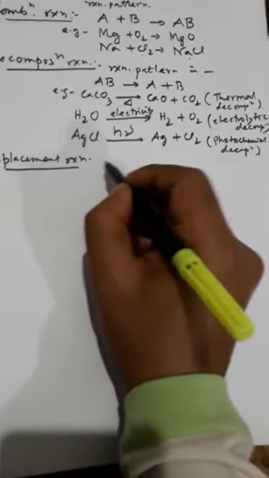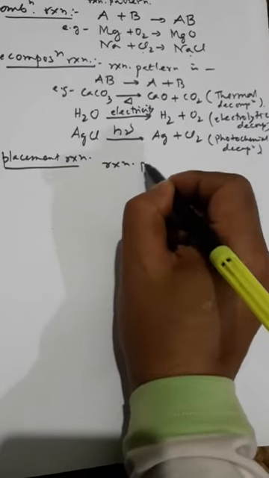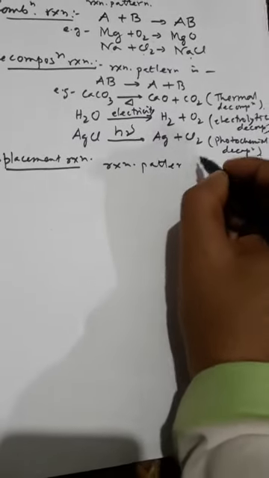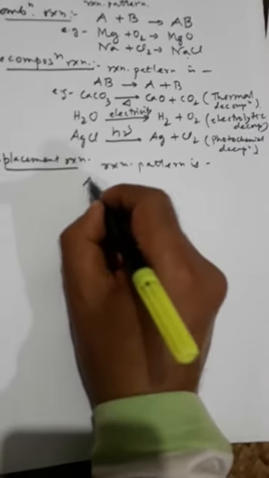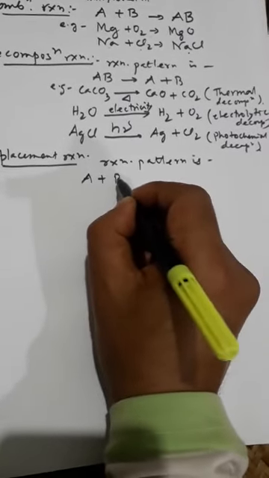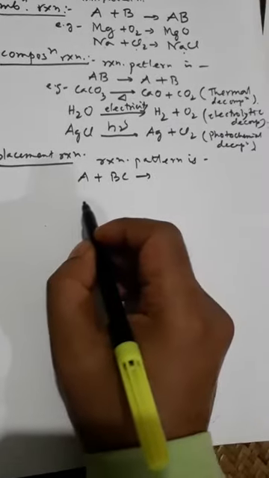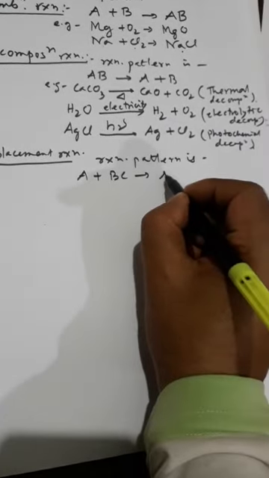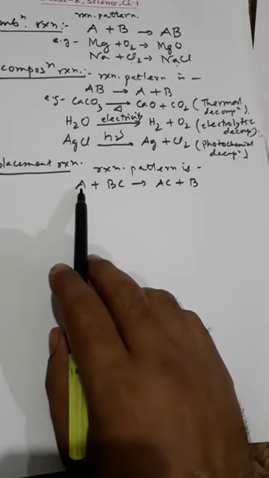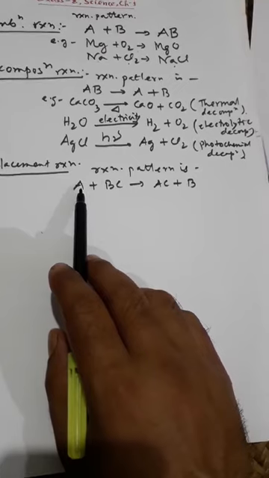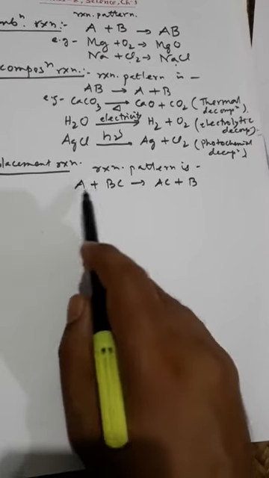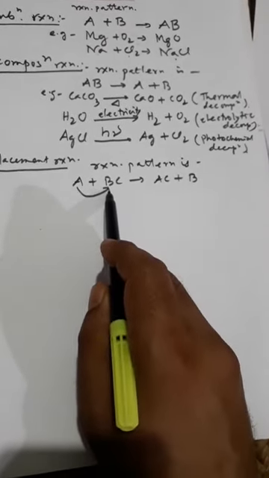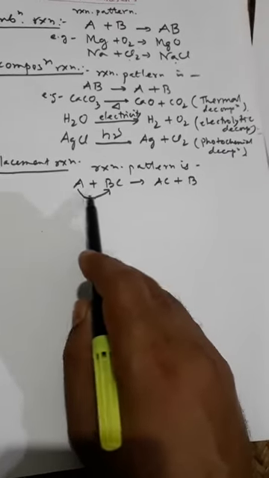Here the reaction pattern is A plus BC gives AC plus B. So you can easily see that A is an element, it displaces B and thus forms AC.